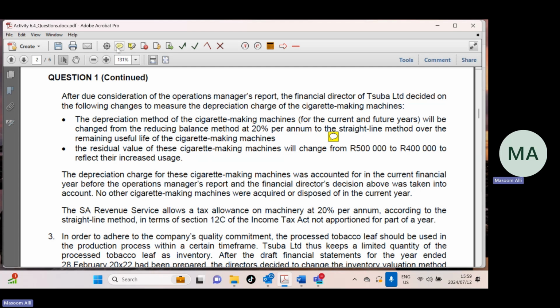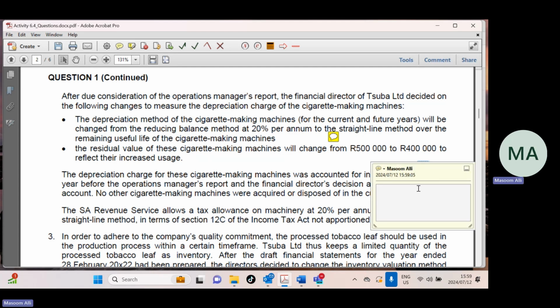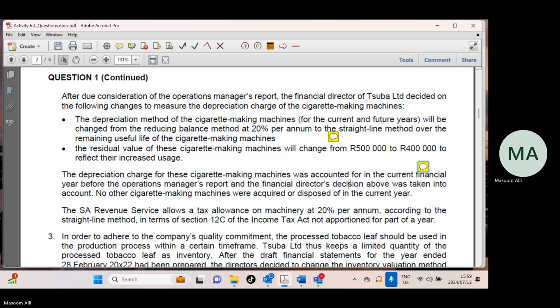And over here, it would suggest that the depreciation charge taken into account for the year is incorrect. Okay. So we need to recalculate our depreciation.